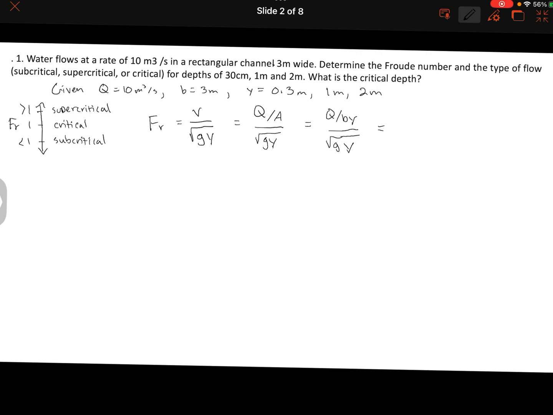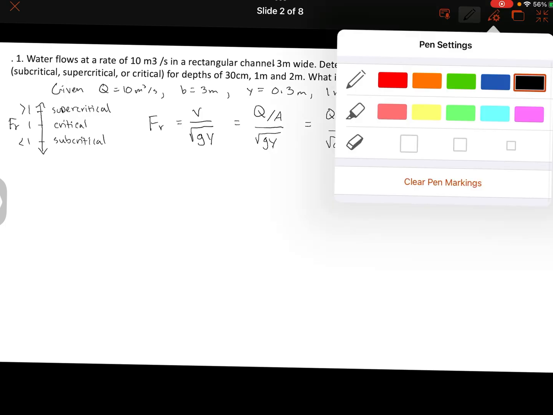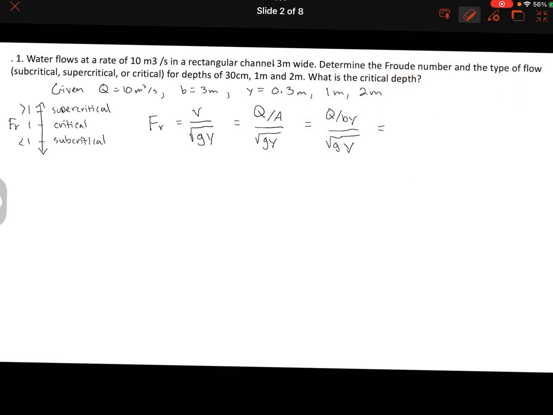If we simplify all of this down, we can put our volumetric flow rate Q on the top.